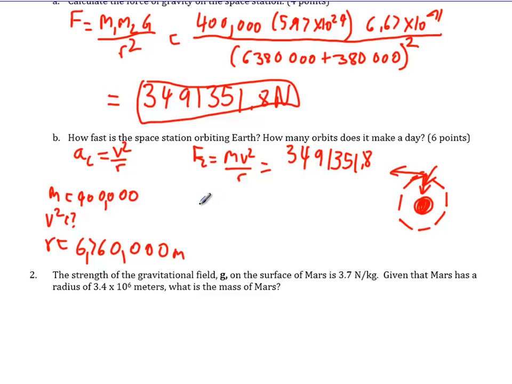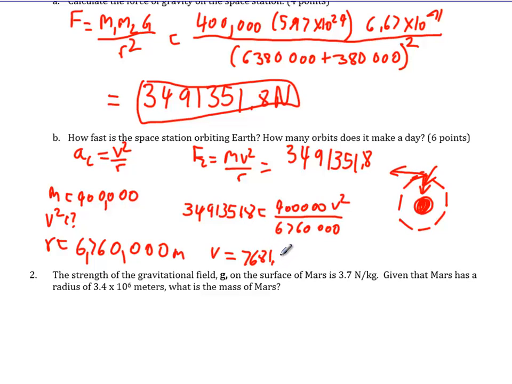So you plug all these numbers in: 3,491,351.8 equals 400,000 v squared over 6,760,000, and you get a fairly quick velocity, v equals 7,681.4 meters per second. Okay, so that's how fast the space station is orbiting Earth.